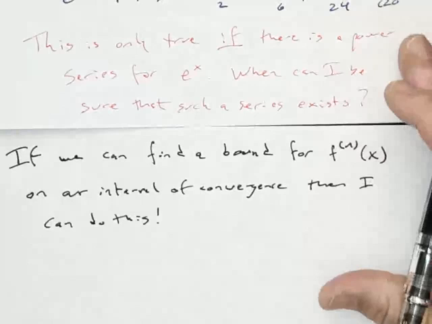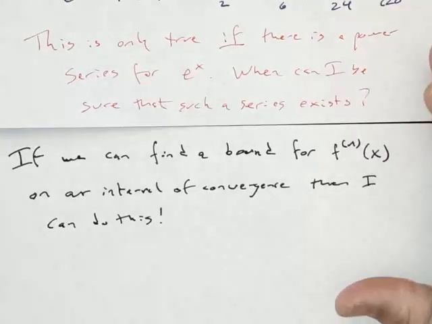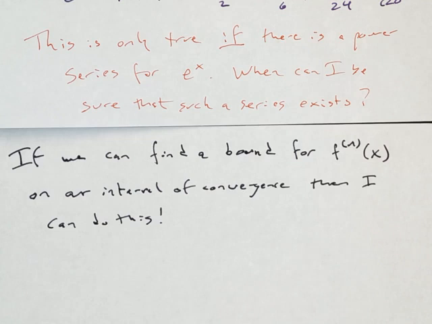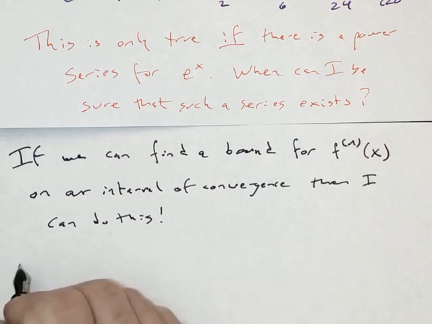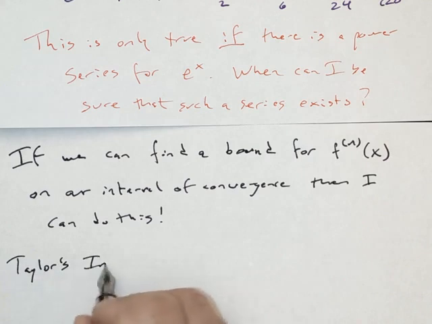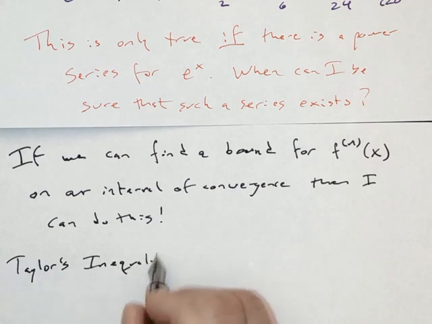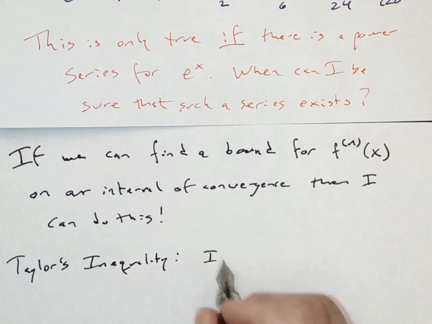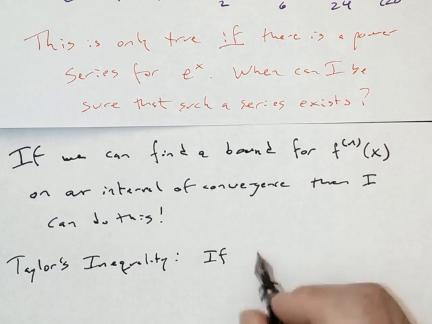So really it comes down to, can I find a bound for the derivative? Not just any derivative, the general derivative, f^(n)(x). And Taylor actually showed, if the nth derivative is bounded somewhere.